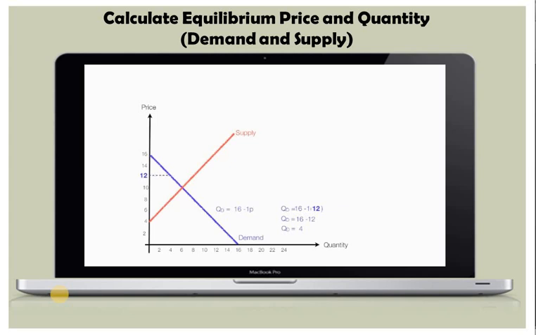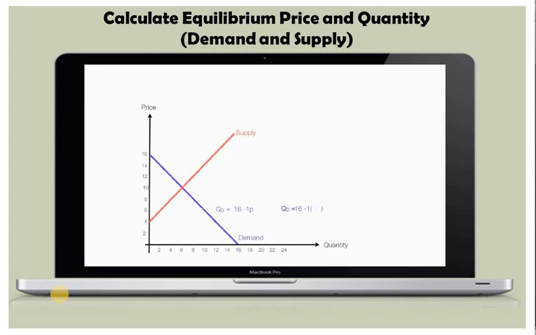Price of 12, quantity demanded is 4. Let's imagine I put in a price of 0, which means it's basically free. I can determine quantity demanded. Quantity demanded is equal to 16 minus 0. So quantity demanded is equal to 16. Right there.